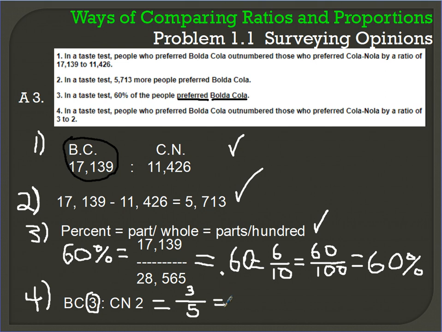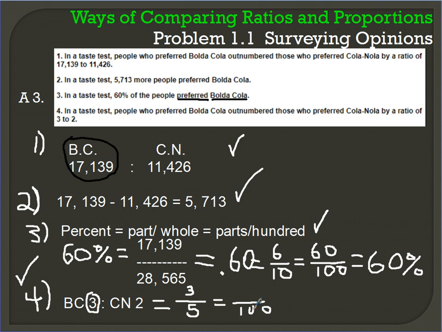Now, I've got a couple options here. I can throw this in my calculator. That'll give me 0.6. I already know that 0.6 equals 60 hundredths and 60 hundredths equals 60%. I already know I'm golden, but I'm going to show another way that we can do this. I want to see parts per 100 here. So I know I can multiply 5 times 20, and that will give me 100.